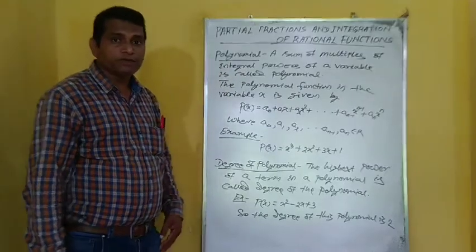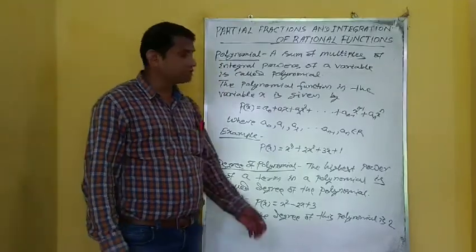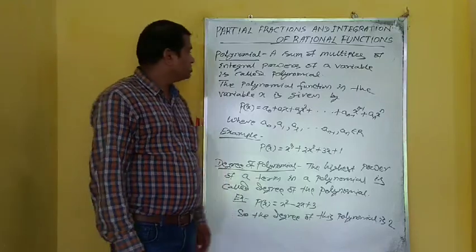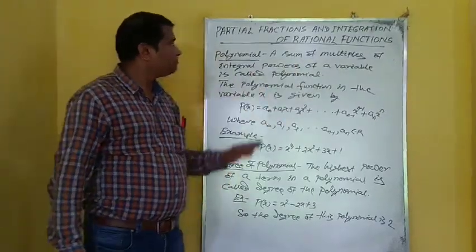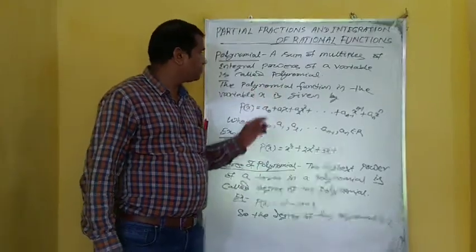A sum of multiples of integral powers of a variable is called a polynomial.